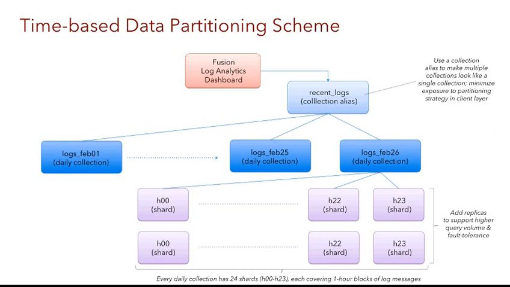That's pretty nice because, one, the Fusion dashboard doesn't need to know about all the daily collections and however many there are in recent logs. If you change requirements, the dashboard doesn't need to know about it. The other nice thing is, as data ages and you drop older daily collections out and bring new ones in, all of that changes behind the scenes, again not affecting your dashboard. So it isolates details between different components in your architecture.